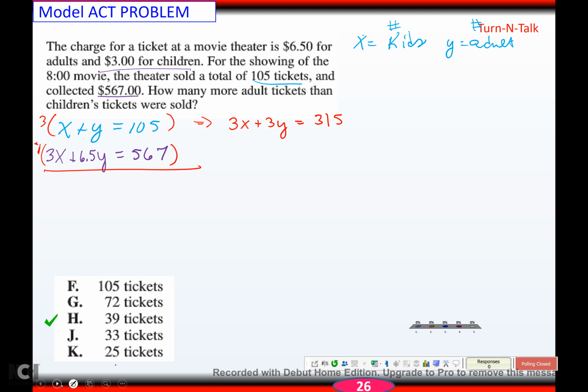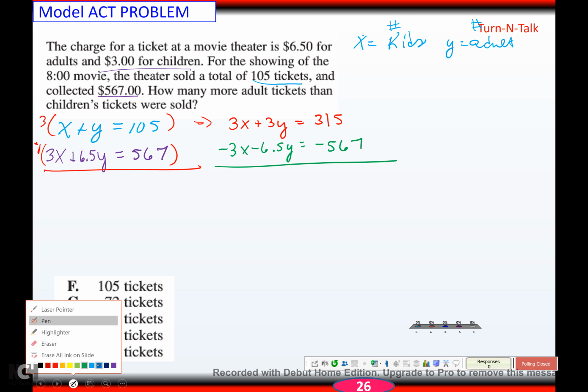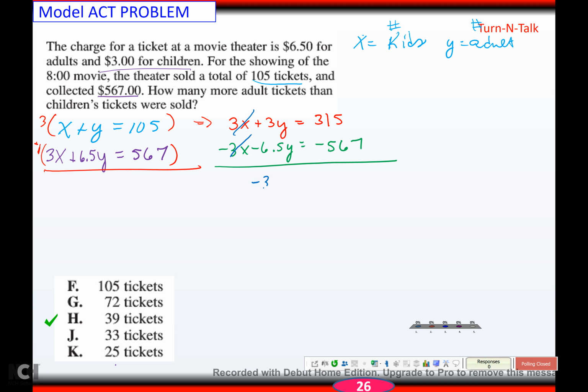On bottom, if I distribute the negative 1, I get negative 3x minus 6.5y equals negative 567. The x's cancel. When I subtract the y's, I get negative 3.5y equals, subtract those, I get negative 252.